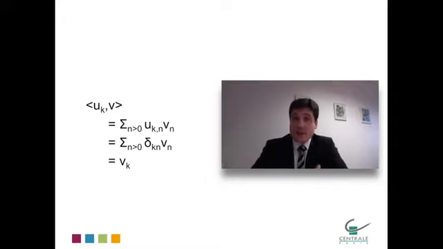So the inner product of my sequence u_k with the sequence v is v_k. Now, v is a sequence of l2, so it will converge to 0. Actually any sequence of l2 is convergent to 0.